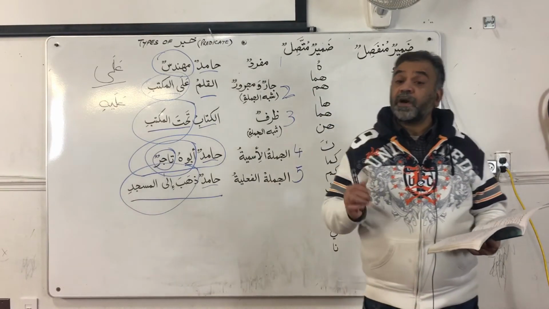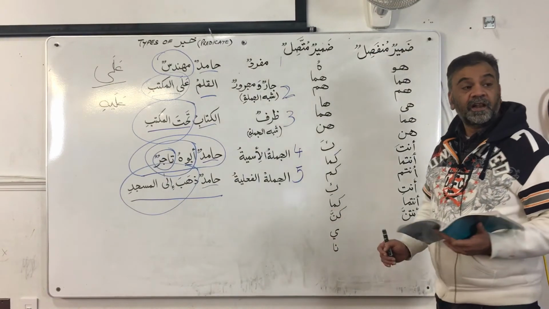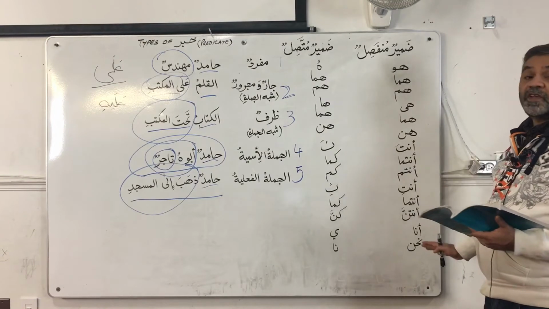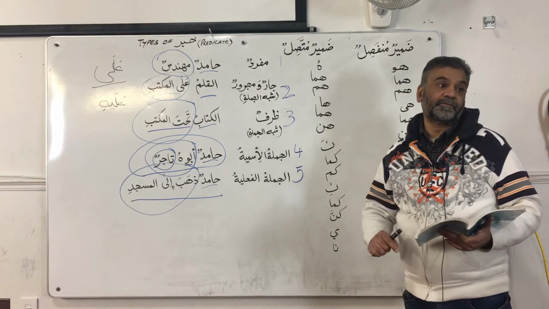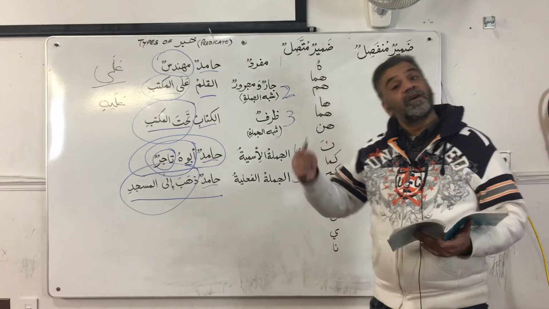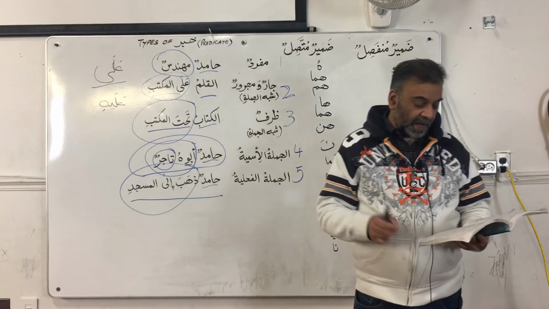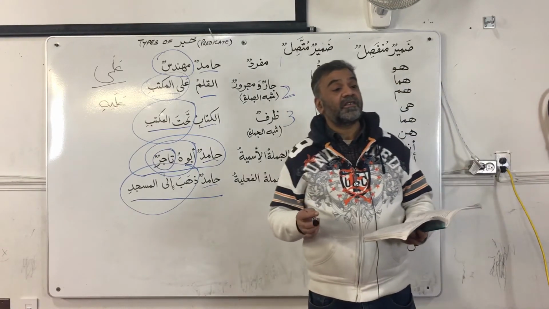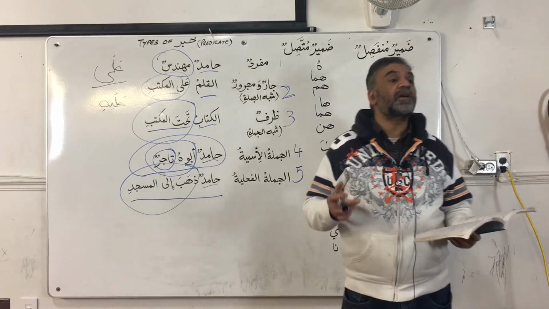But if I want to use a damir munfasil, which damir munfasil would I use for Zainabu? Hiya, very good. Hiya fil Iraqi, she is in Iraq. And number 21, aina zawjuha, where is her husband? Then you will say zawjuha fil Iraqi.